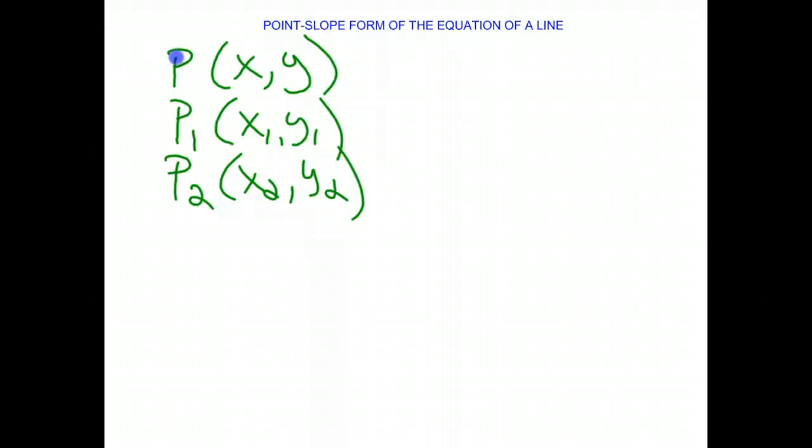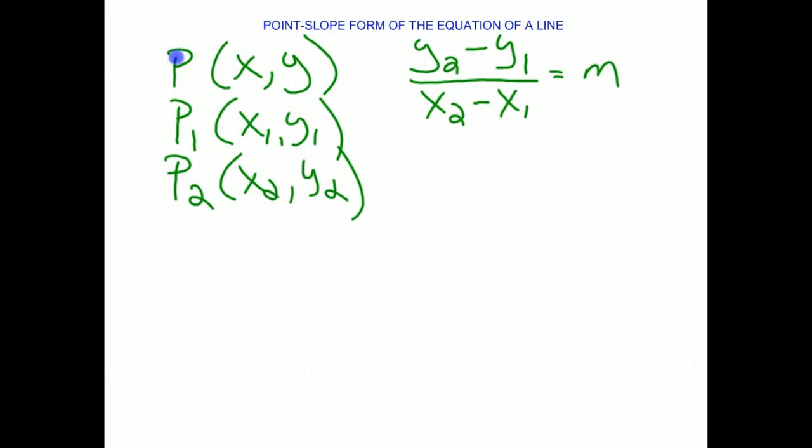In any case, recall, based on this, that if I take the change in rise over the change in run, I get the slope.